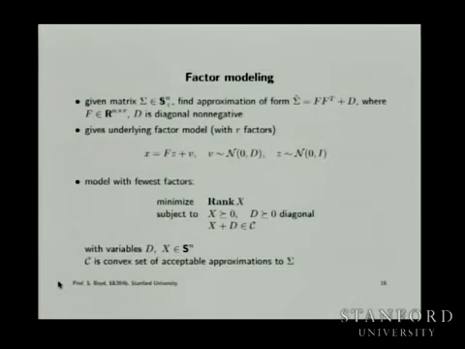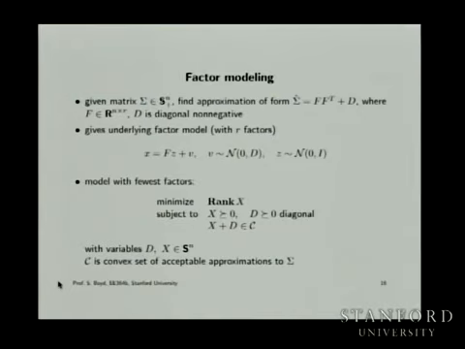If that's the covariance of a random variable, it says the random variable is explained by a small number of factors. R is the dimension of F, the number of columns. It's a small number of factors, and then D is an extra variation. So this would be the factor model.